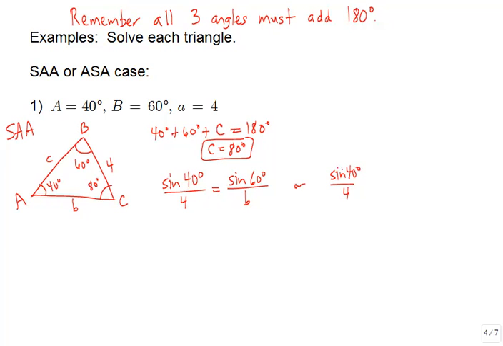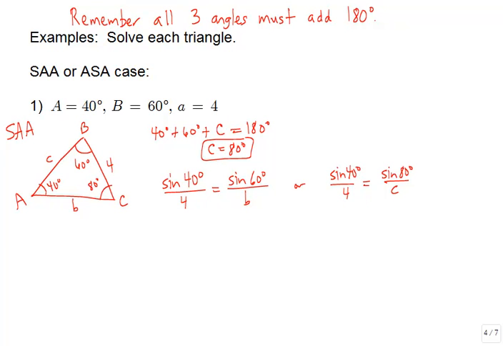You have to use that pair that go together, and you could look at sine of 80 degrees over its opposite side C. And these are both of the things we're going to need to solve if we want to find side B and side C. So these are the 2 proportions that we're going to set up.